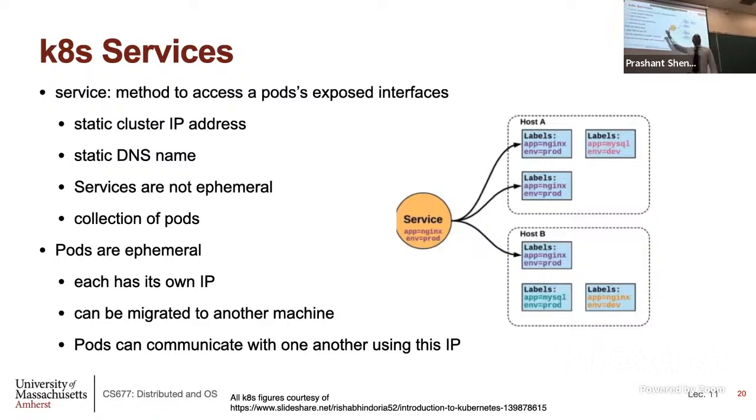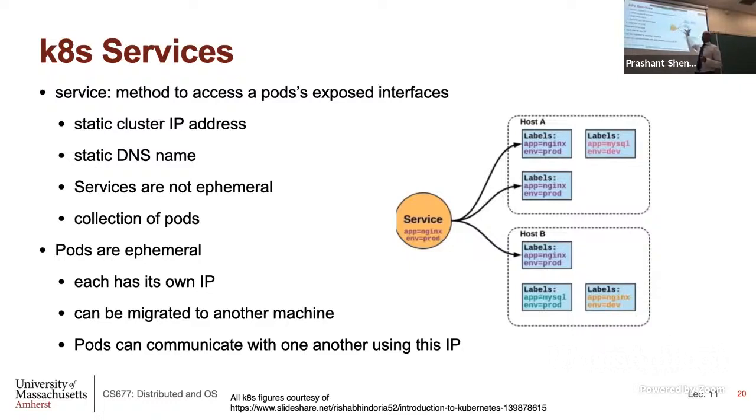Requests come to services, and a service, for an application, will then forward it to the right pod and the right container for processing. A service is essentially a way you're going to expose your application to the outside world. It will get a static IP address. Services are not ephemeral, which means that they're going to be persistent.